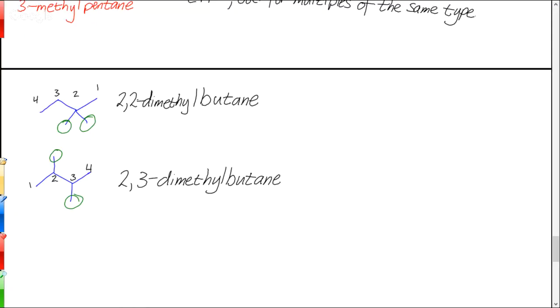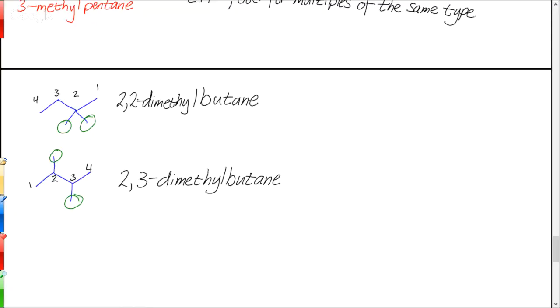If we started numbering from the right, this would have been 3-ethyl, 4,4-dimethyl. But 3,3,4 is lower numbers than 3,4,4, so 3,3,4 is better than 3,4,4. Because you want the lowest possible numbers.